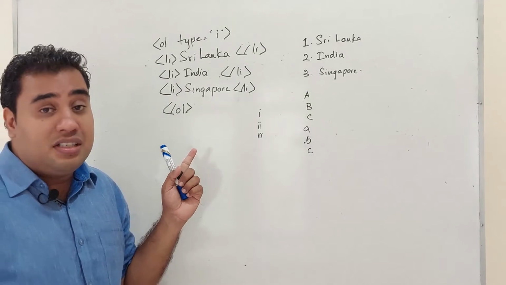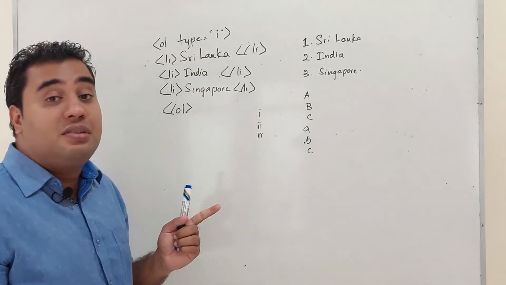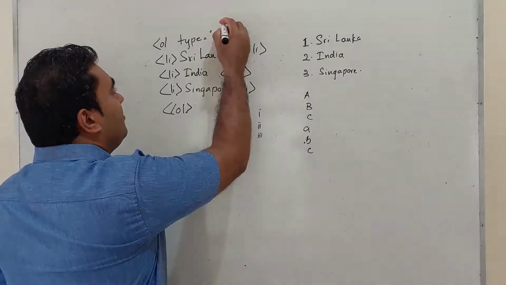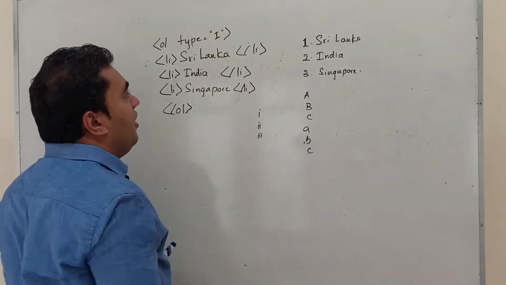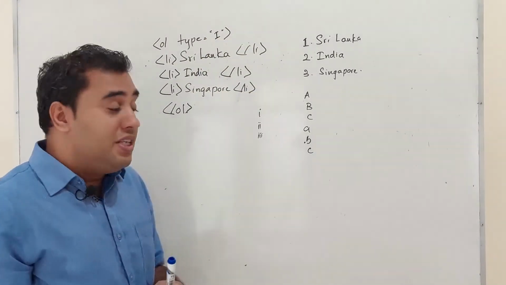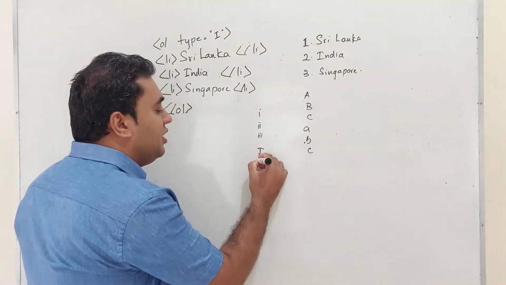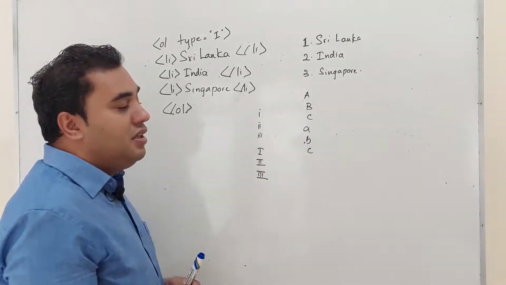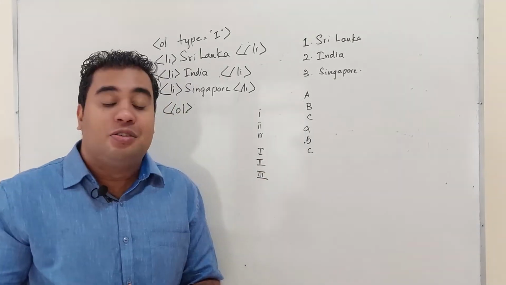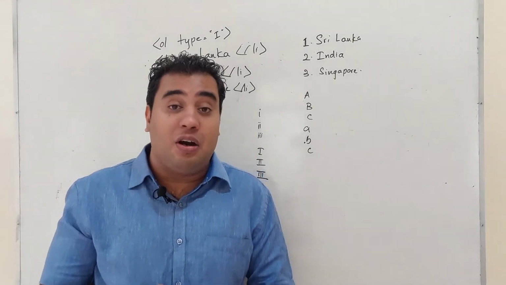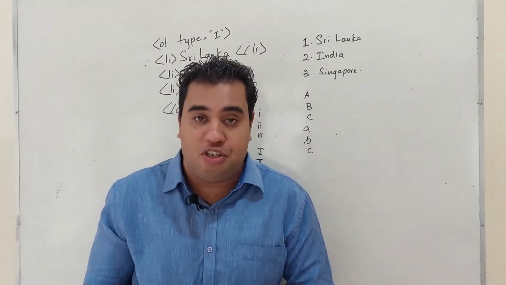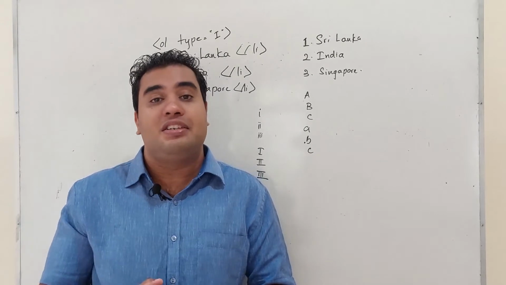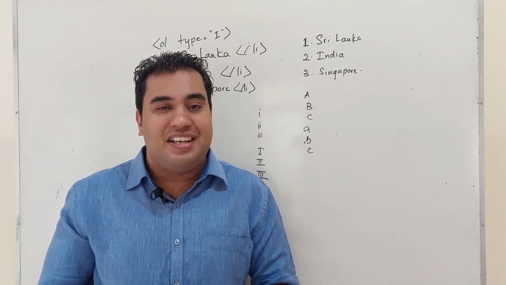There we can also use the capital I, which still represents the Roman number 1. Then it will be displayed as I, II, III, like that it goes. Hope you understood the concept of the ordered list in HTML. That is simply how we create an ordered list in HTML.